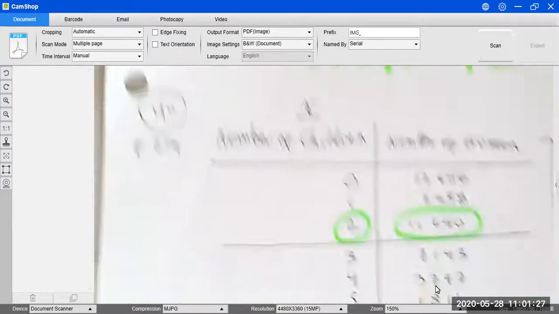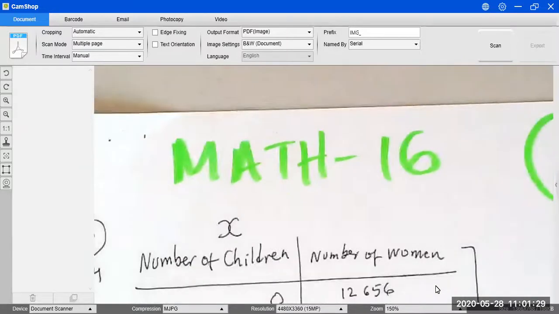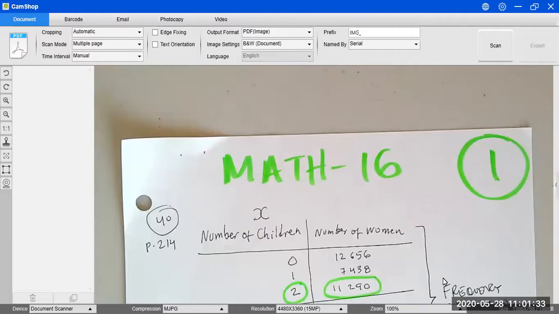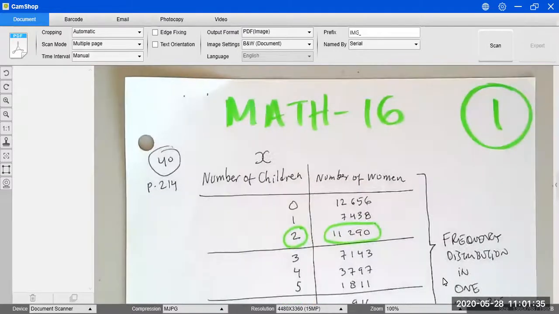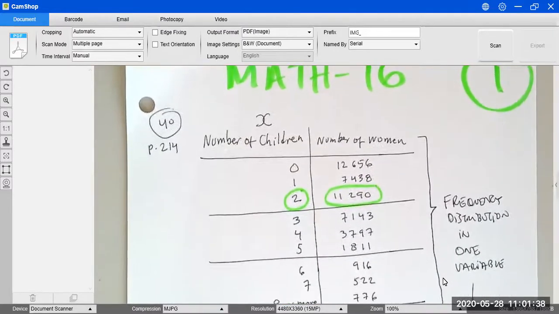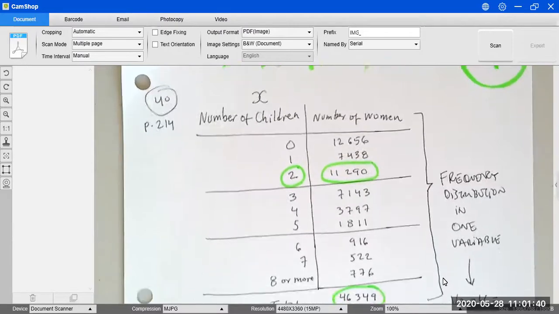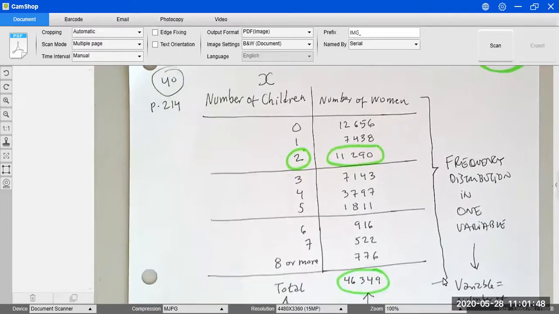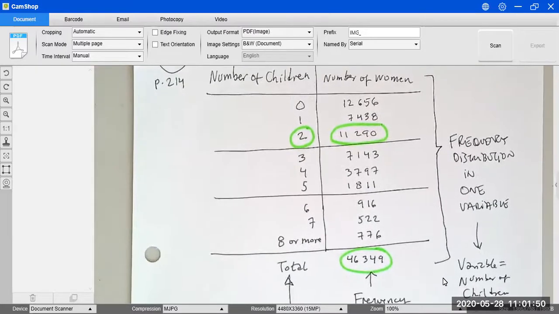I have here in my notes how to solve that first part of the problem. I wrote the frequency distribution, and I'm emphasizing that this is a frequency distribution in one variable. The only variable x is the number of children.